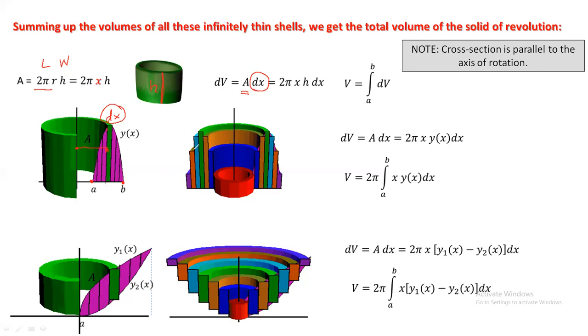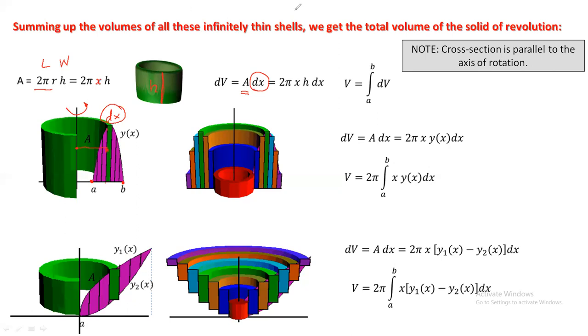The reason why this is cut is for you to see the different shells. So this is one shell, this is another shell, another shell, and another shell. If you sum up all the shells, then you'll have the volume of the entire solid when this area is rotated around this axis.